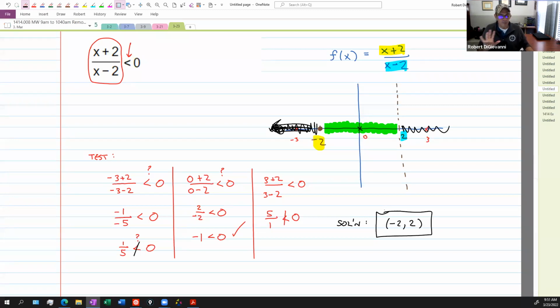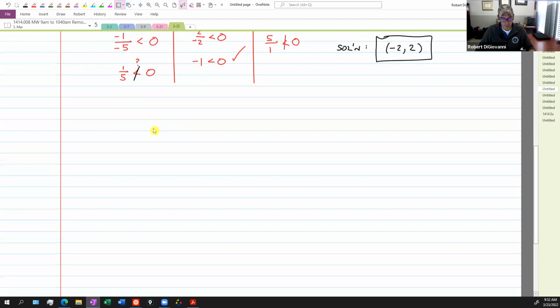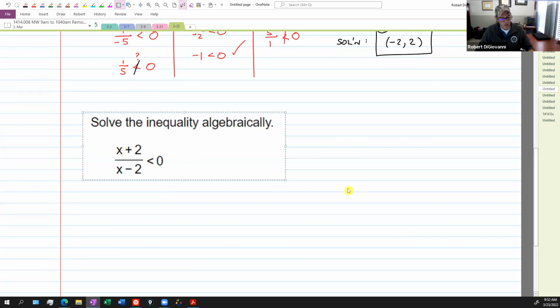So I guess if I were to re-illustrate what I just said, if you were to take this problem and change it so that it does have an equal sign underneath, our answer would only change in this sense. You would include the -2.